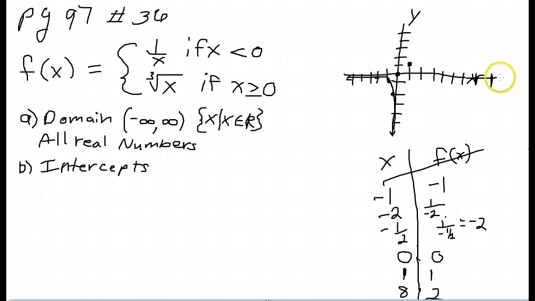This is where 8 is at. And it took all the way over here just to get up to 2. So this is a curve. And there we have our graph. Now, our only intercept is the point 0, 0. So we can go back and answer part B, 0, 0.